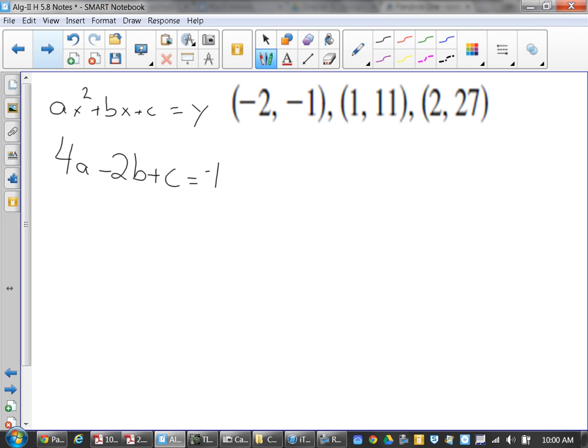My second equation is a plus b plus c, because x is 1, equals 11. We have 4a plus 2b plus c is 27.